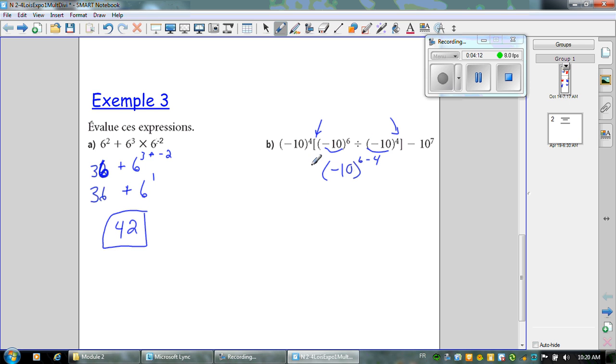So that would give me, that's inside these brackets. I still have negative 10 exponent 7, negative 10 exponent 4. So this would be negative 10 squared.